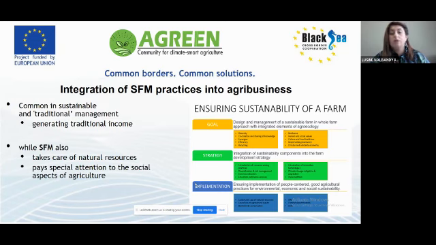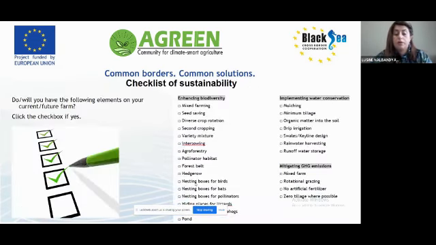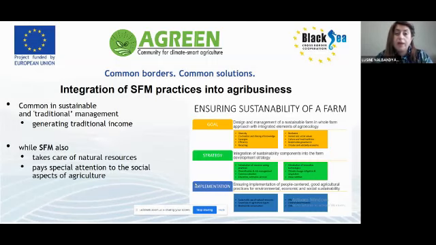Agribusinesses are more sustainable when they are connected to each other and good cooperation is established. There are three main dimensions of sustainable agriculture, which are economic, environmental, and social. And these three need to be interconnected.